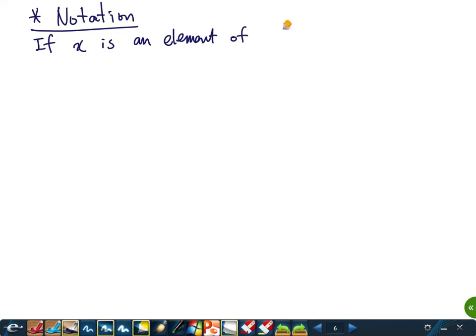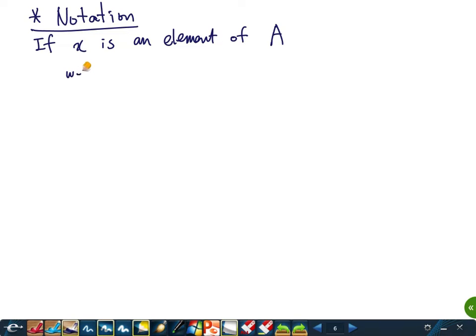Now, more notation. If X is an element of A, we are implicitly assuming that A is a set. X is an element of A. A must be a set.